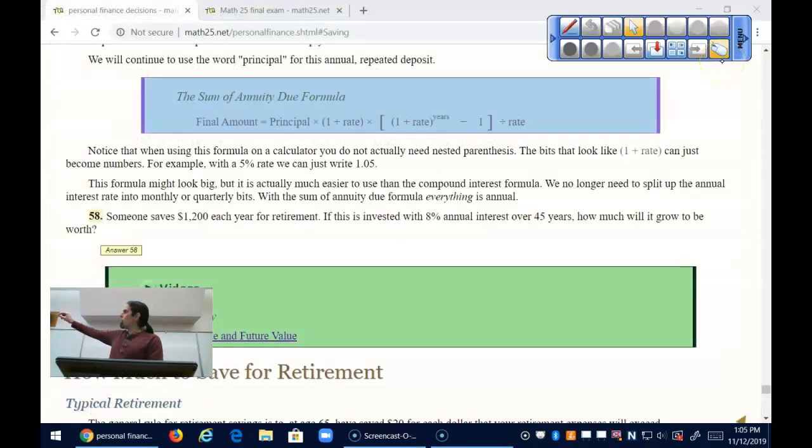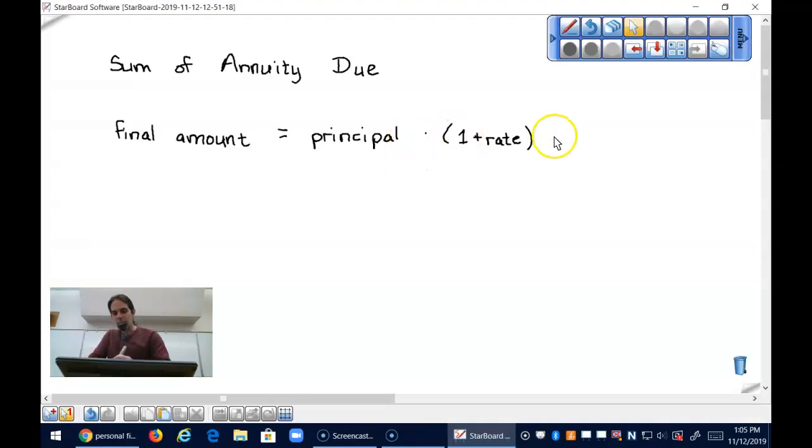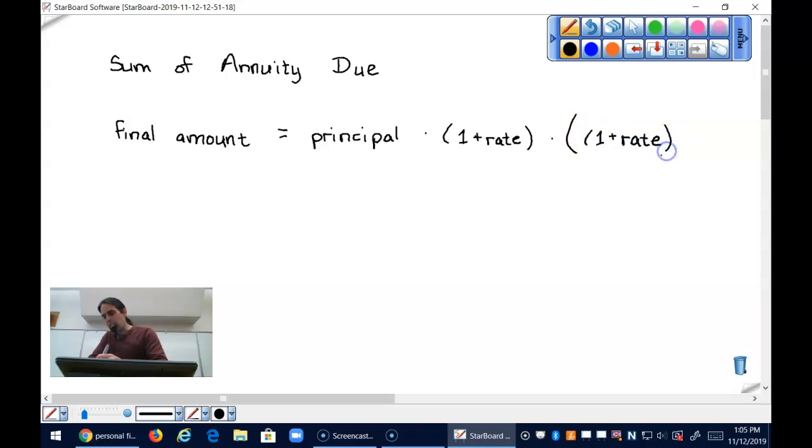Then we have times, and we have nested parentheses. And on the screen here, they look like brackets because I can't type giant parentheses. On the board, I'm just going to write giant parentheses. So this is going to be times a 1 plus rate. And the exponent here is years.